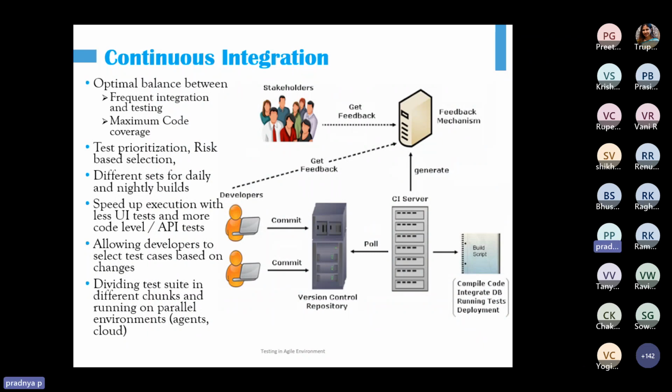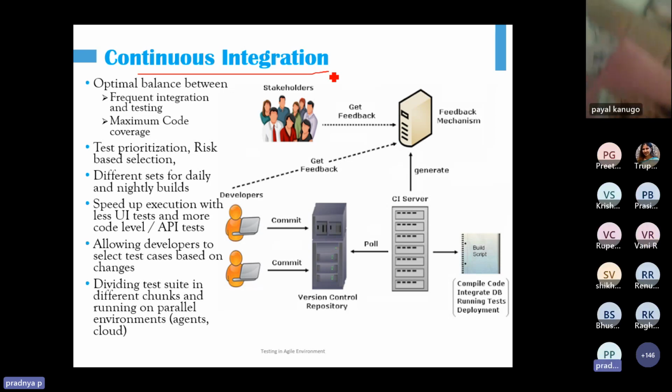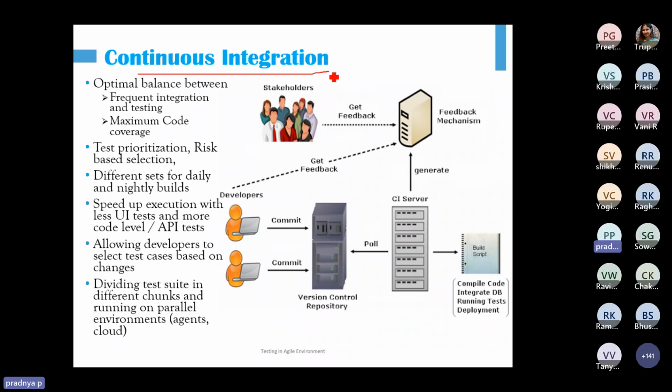Continuous integration is the kind of heart of many agile projects. We know that these continuous integration processes are typically set up as part of the entire pipeline. Tools like Jenkins are used, which are continuously polling the version controls. For example, you are having Git as your version control repository.